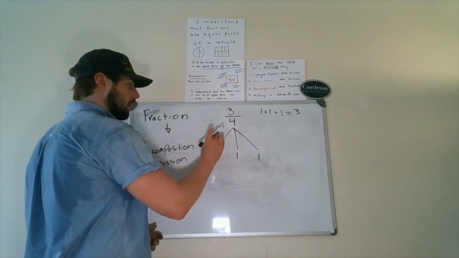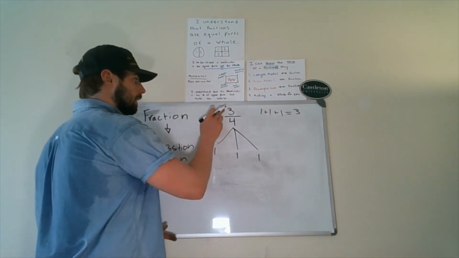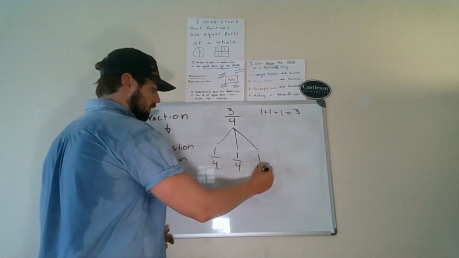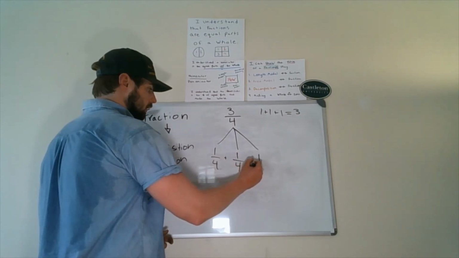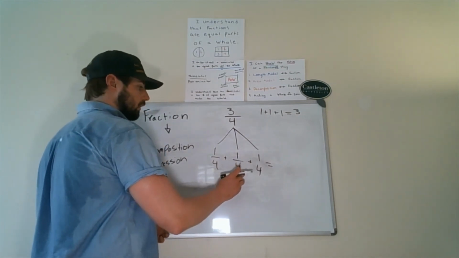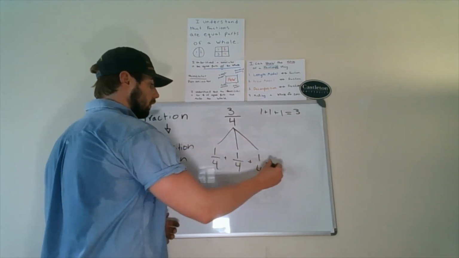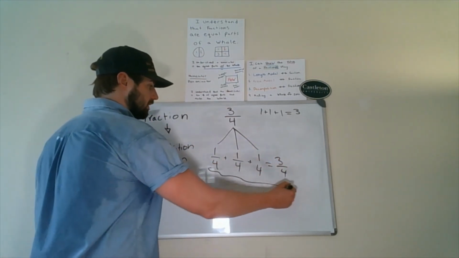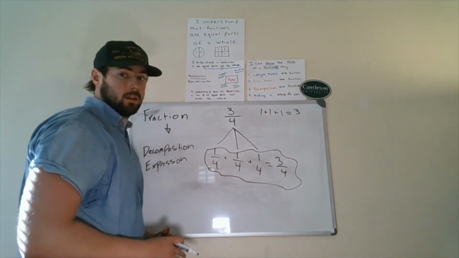But we're not talking about ones. We're not talking about wholes. We're talking about fourths. A fourth plus a fourth plus a fourth would equal 3/4. There is our decomposition expression right there.